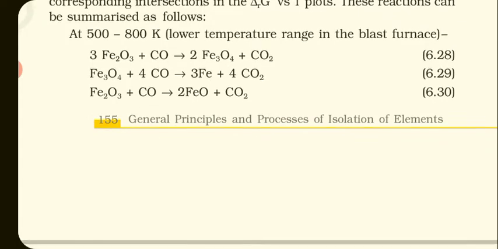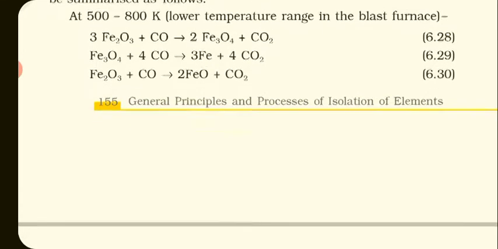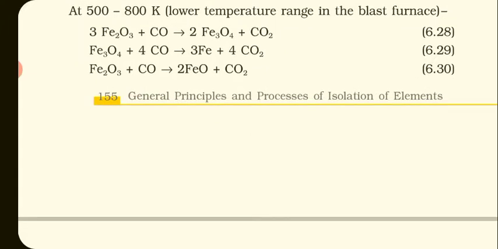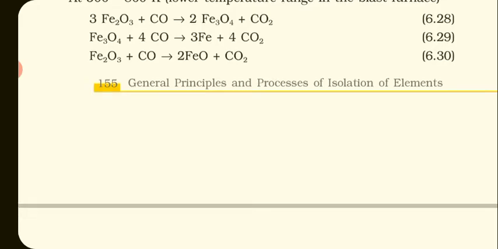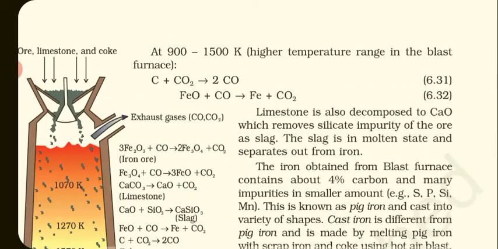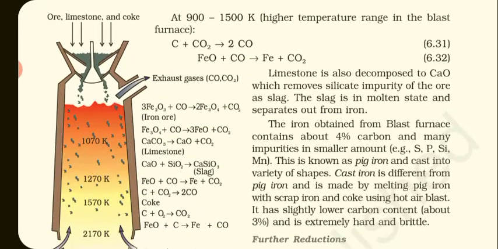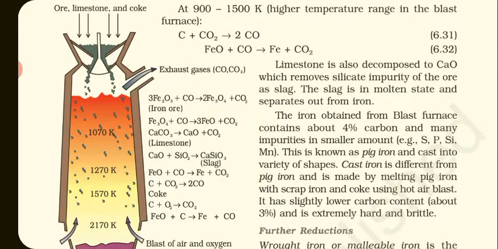These reactions can be assumed as follows. At 500 to 800 Kelvin, which is called the lower temperature range in the blast furnace, the reactions mentioned in equations 6.28, 6.29, 6.30 take place, and at 900 to 1500 Kelvin, the higher temperature range in the blast furnace, carbon reacts with carbon dioxide to give carbon monoxide, and further when iron oxide reacts with carbon monoxide, it will give iron and carbon dioxide.